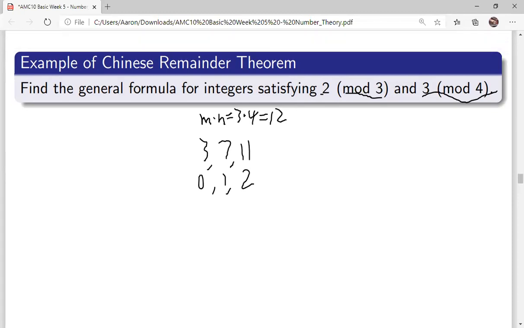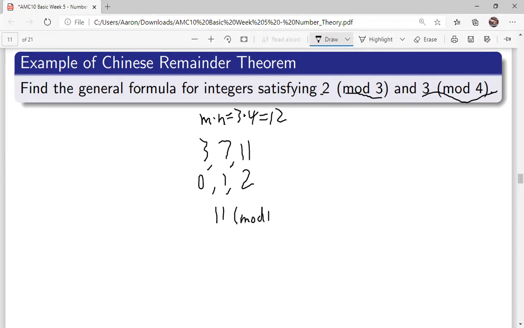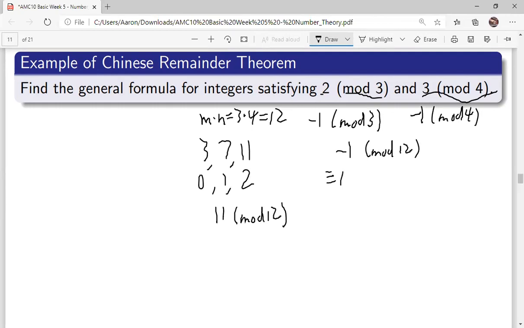So the general formula for integers satisfying 2 mod 3 and 3 mod 4 is 11 mod 12. And an even faster way to do this is notice that this is negative 1 mod 3, and this is negative 1 mod 4. So combined, it's negative 1 mod 12, and that's congruent to 11.